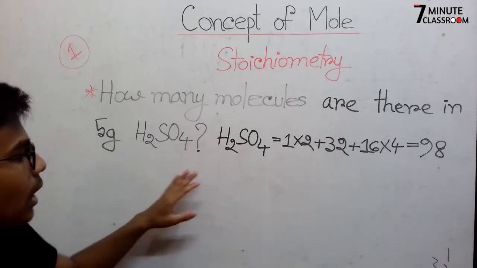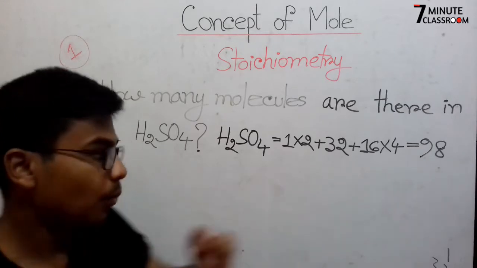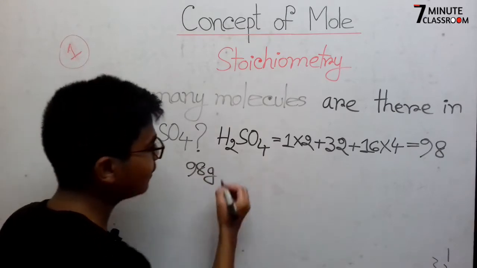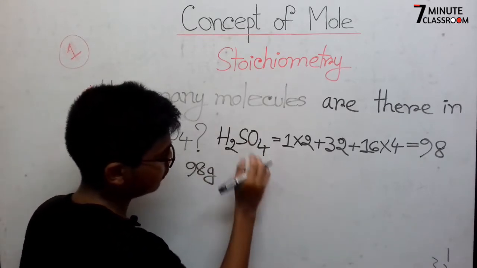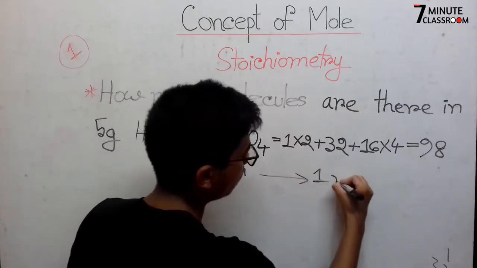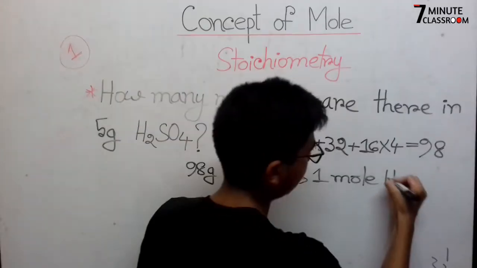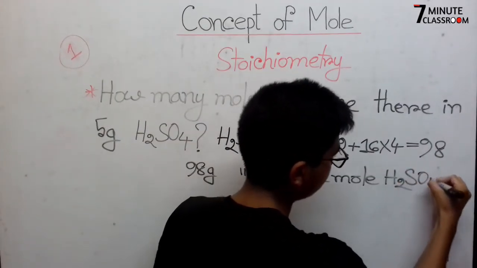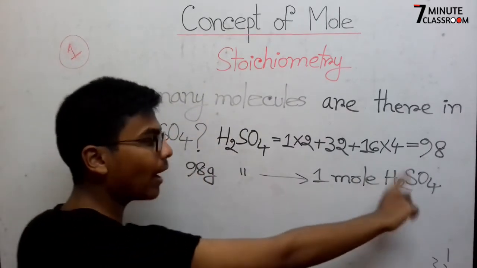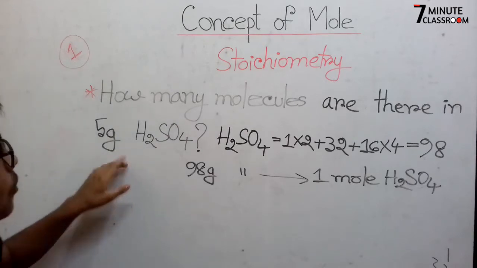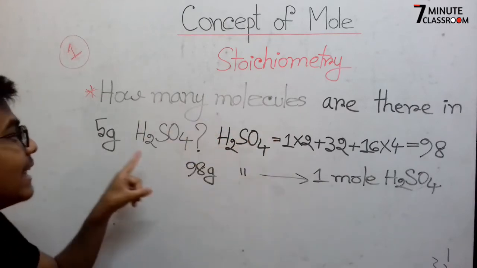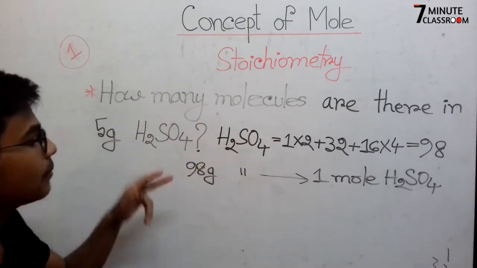Now after determining the molecular mass, we know that 98 gram sulfuric acid equals 1 mole sulfuric acid. That means we have to determine how many molecules are there in 5 gram sulfuric acid.